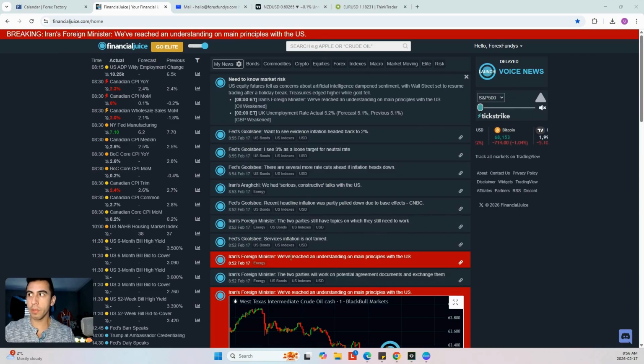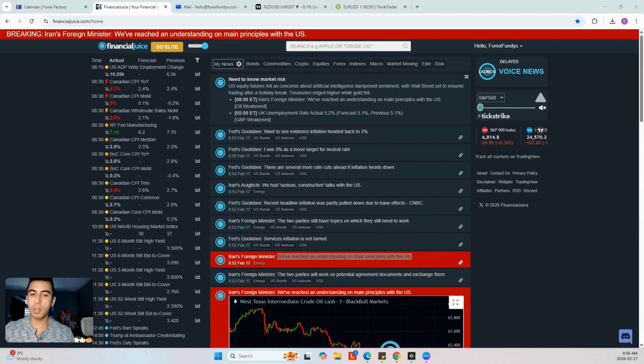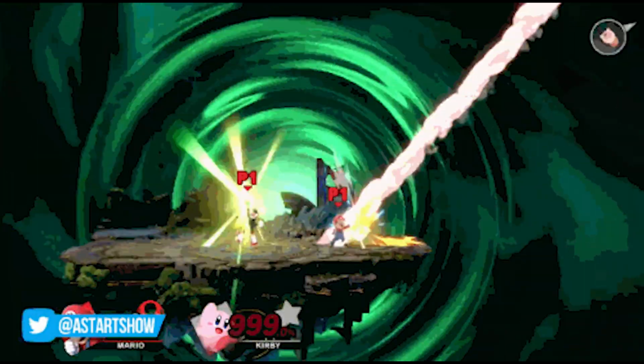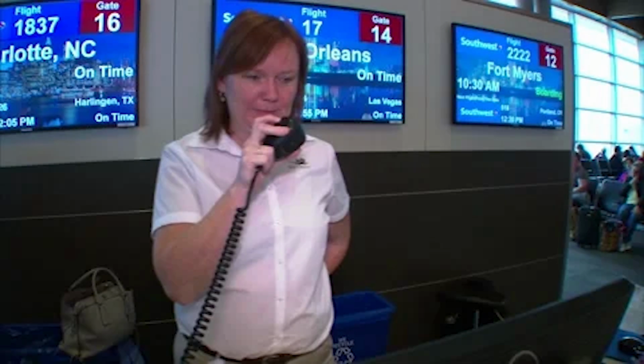So for example, they just talked about potentially Iran and the US reaching an understanding, which is going to be a little bit worse for the US dollar. And why is that? Because usually when there is conflict, people put money into the US dollar or other safe havens. But whenever you hear something like this war has been solved, money rushes out of the US dollar.